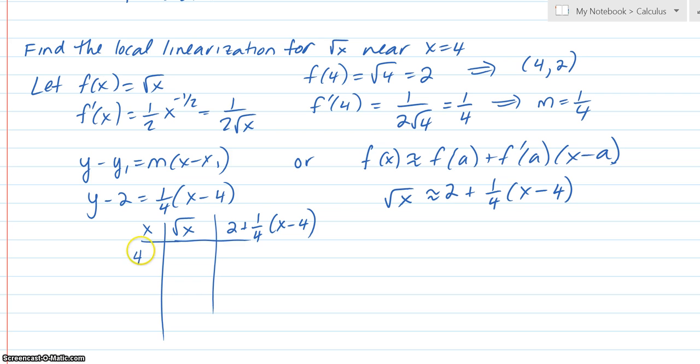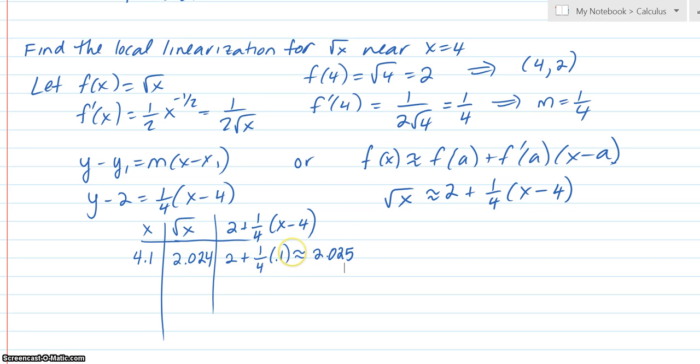We were going to do 4.1. So square root of 4.1, we could figure that out on our calculator. And this one would be 2 plus 1/4 of 0.1, which is approximately 2.025. And if you plug in square root of 4.1 in your calculator, you can see how close that you're going to get.